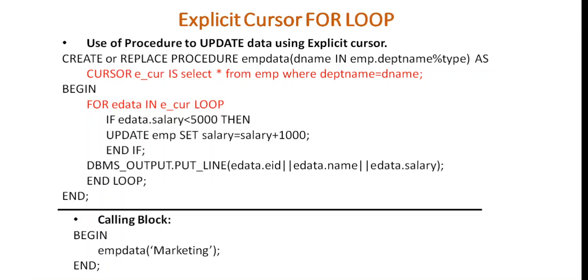If so, it will update that salary to salary plus 1000, meaning it will increment the salary by 1000, and after that increment we are displaying the data. So this is how we can change the values in the database by using an update statement.